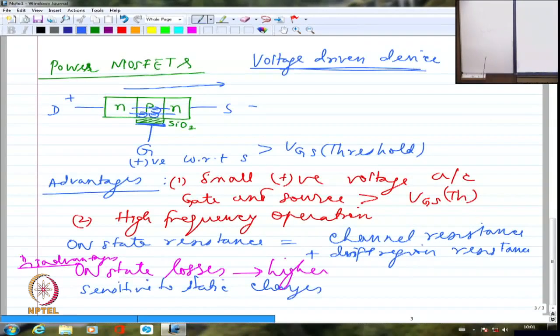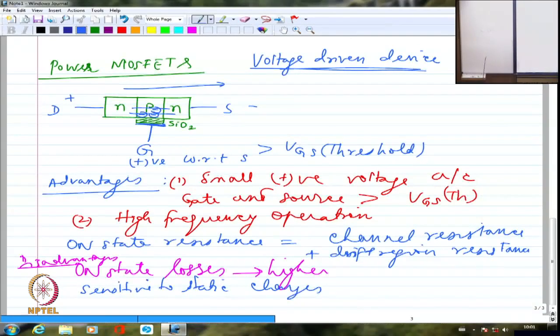So the drop can be extremely high. That is one reason why MOSFETs are not designed beyond 1200 volts normally. Most of them are rated only within 1 kilovolt or 1.2 kilovolt.